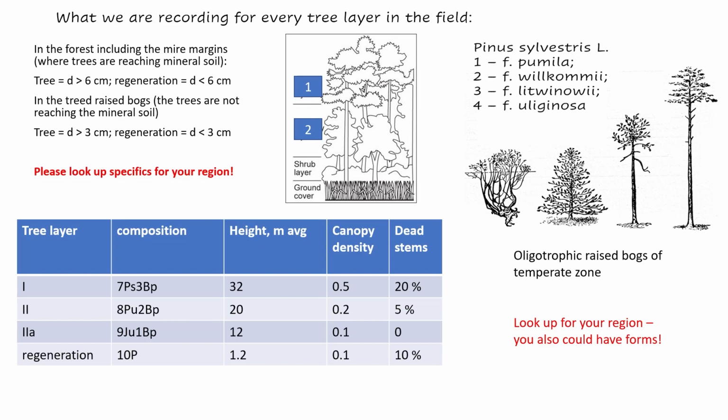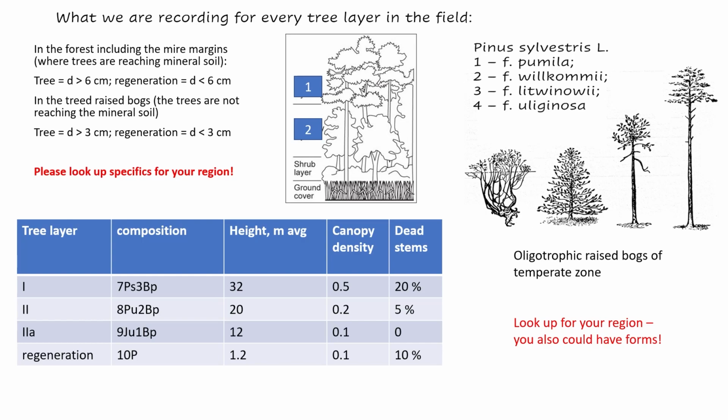For example, if you have 70% pine trees and 30% birch, you just put 7 Pinus sylvestris, 3 Betula pendula. Then the second layer the same. You put a formula separately for the second layer, and if you have a sublayer, a formula for the sublayer, and also separately a formula for regeneration.